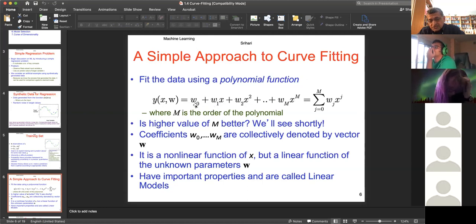If you chose just w0, it will be some kind of a fixed horizontal line. w0 plus w1x allows you a straight line that is at an angle also. w0 plus w2x squared could give you something a little more complicated, but the x squared term says it is some kind of a quadratic.